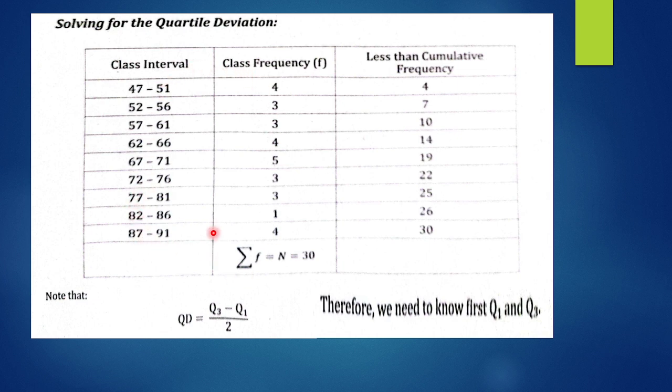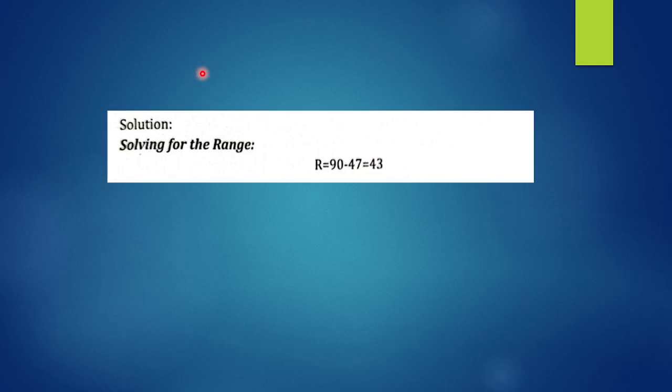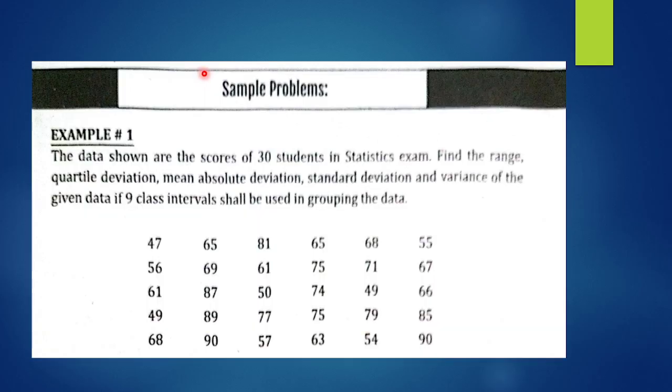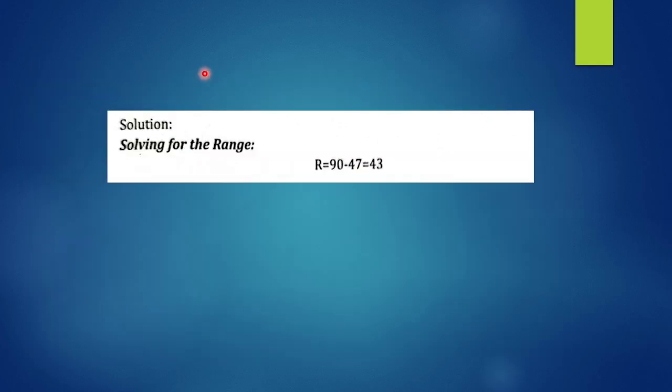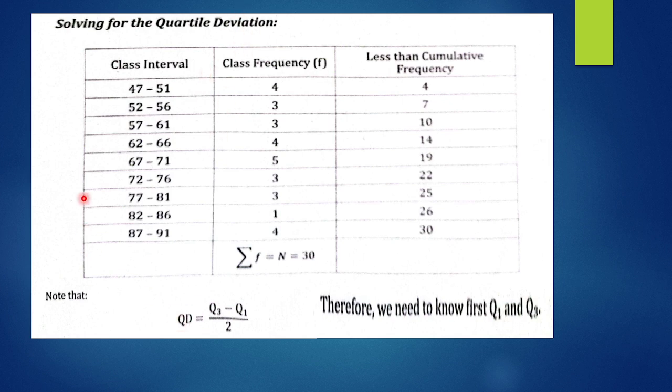We already know the formulas and how to create the table, why we started at 47, then why 91. So this is 47, 48, 49, 50, 51. The class size is 5. We probably know why it is 5. If not, just review the previous topic or the previous video that we uploaded.